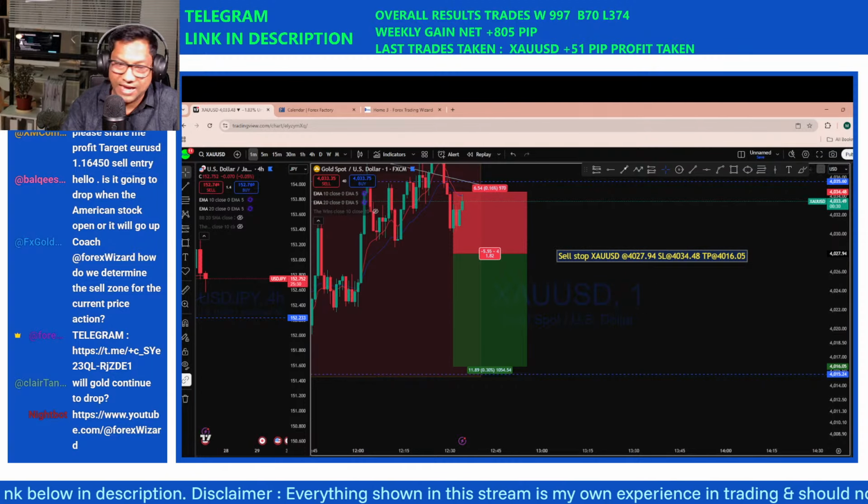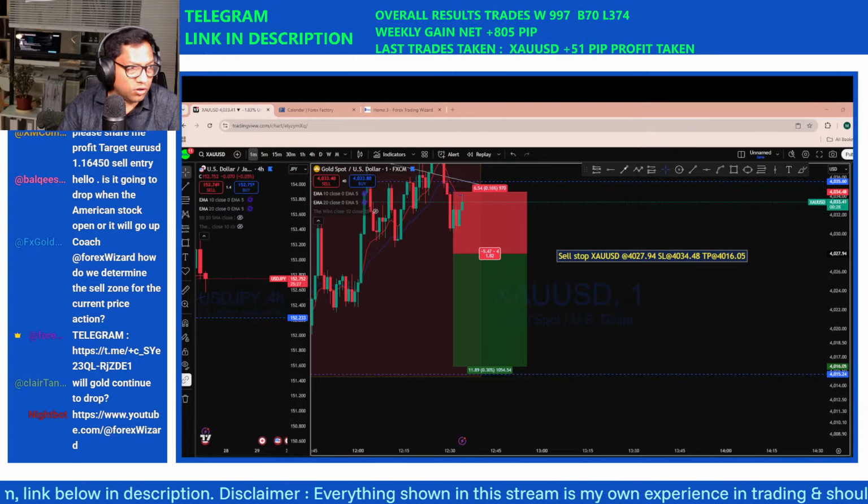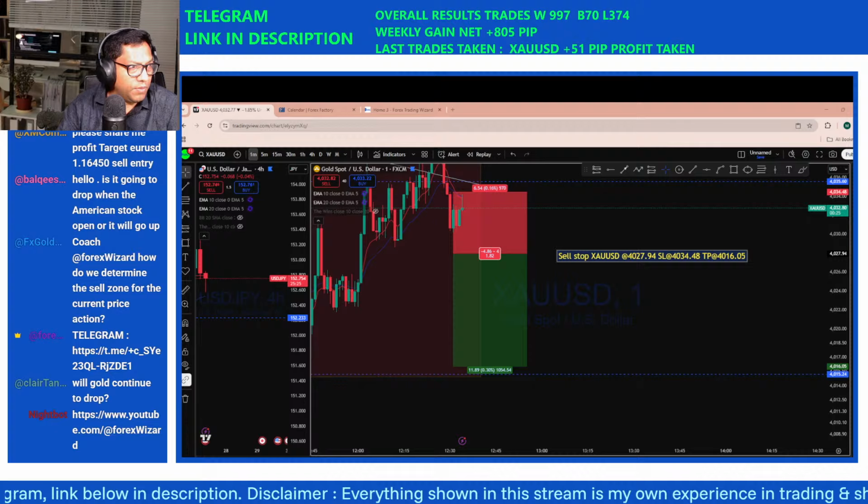So we place the sell stop here on gold for this potential drop back down below to this level.